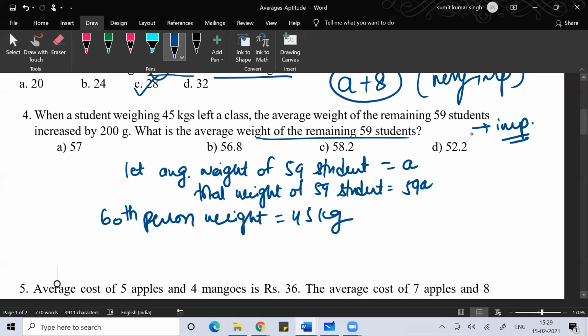I'm doing the reverse. In the question, 60 students were there, and one person whose weight was 45 kg left, and then the average weight increased by 200 grams.